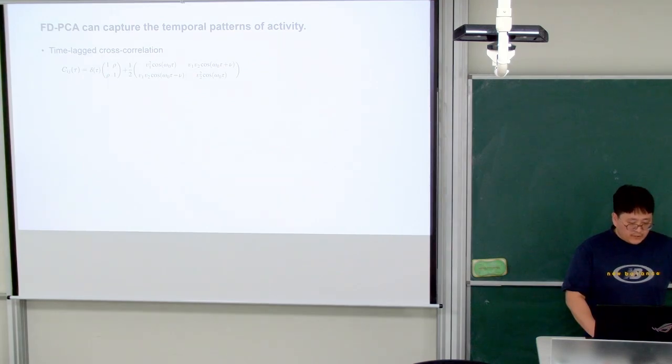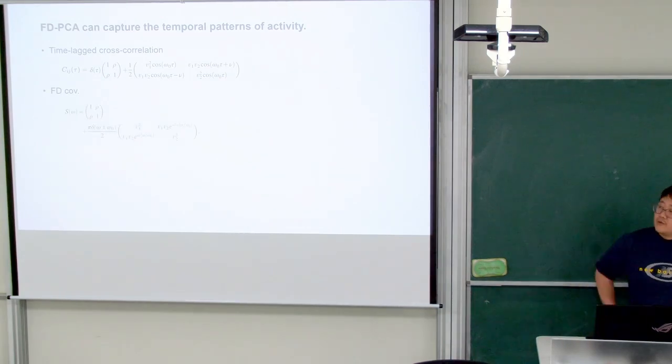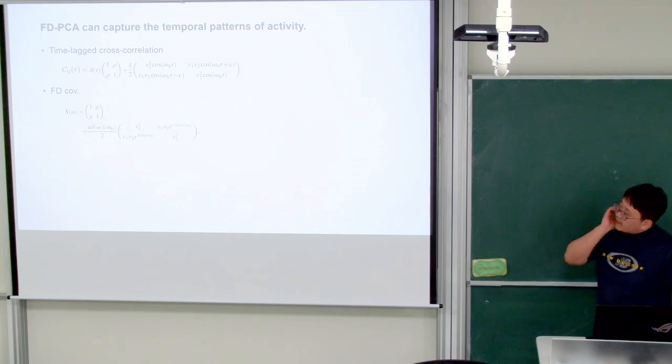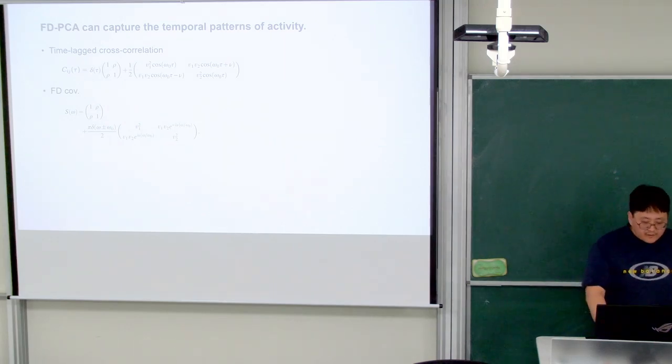And then we have to calculate the FD correlation, right? By applying the Fourier transformation, we can get this formula. Do you know how to calculate this one? Here sigma delta is the delta function, right?